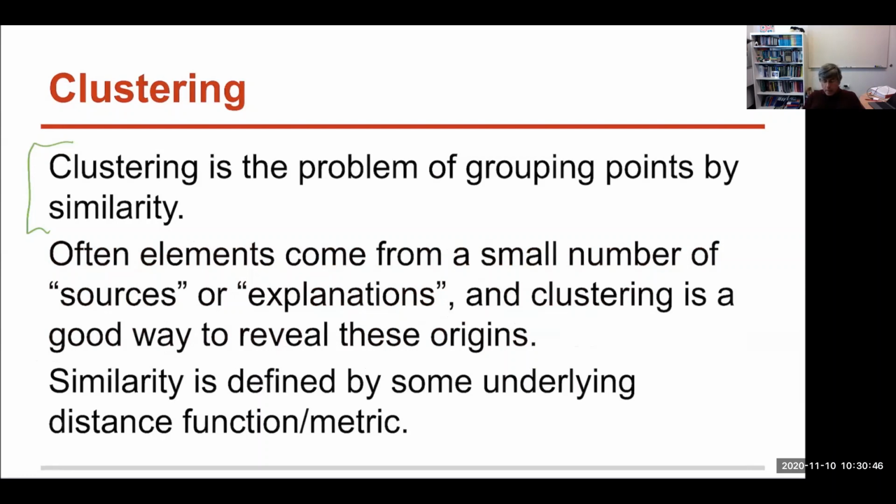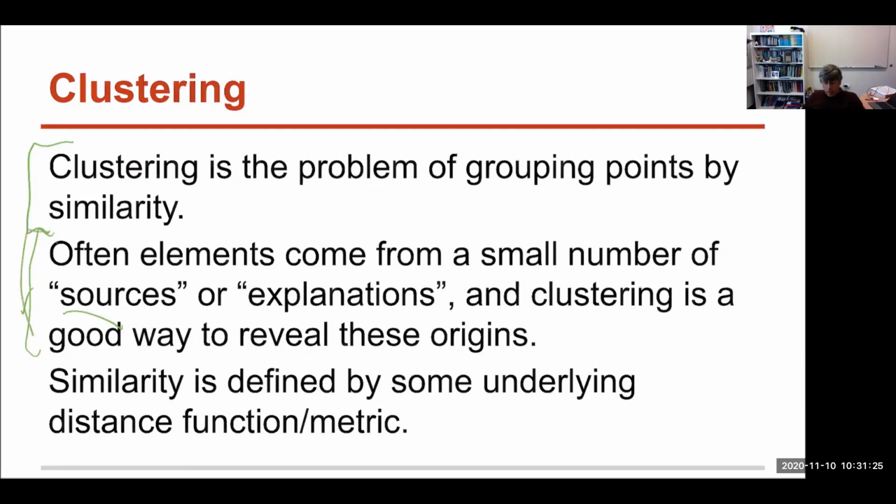Often in a data set, the elements come from a small number of types, or a small number of sources that generate them. Clustering groups things by similarity, and if your elements have a natural structure, clustering will hopefully recover that structure.